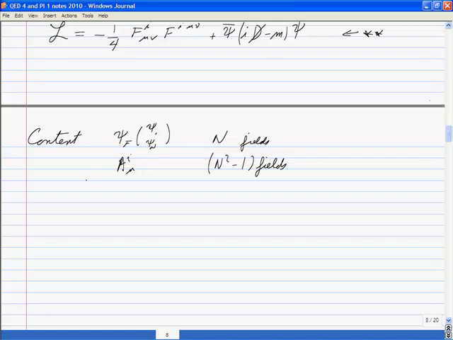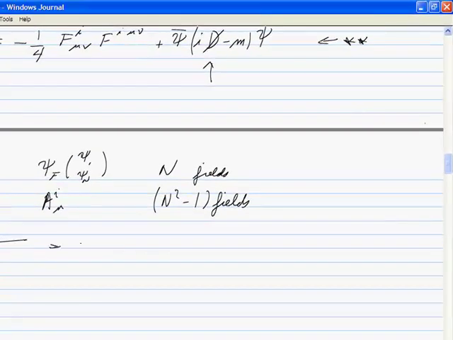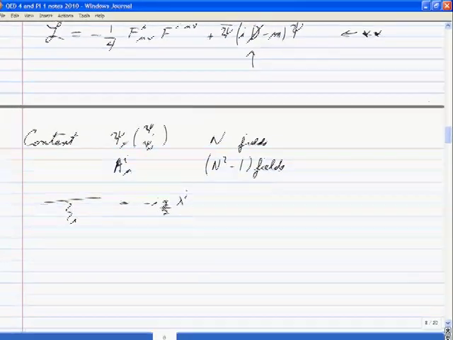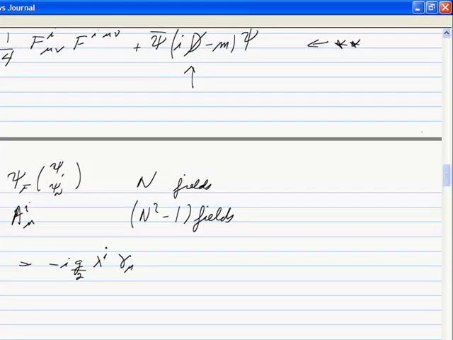The interactions come from an interaction that sits right in the covariant derivative. The Feynman rule for that is minus i g over 2 lambda i, so this carries index i, mu, gamma mu. So instead of just minus i e gamma mu, there's now a color factor there.